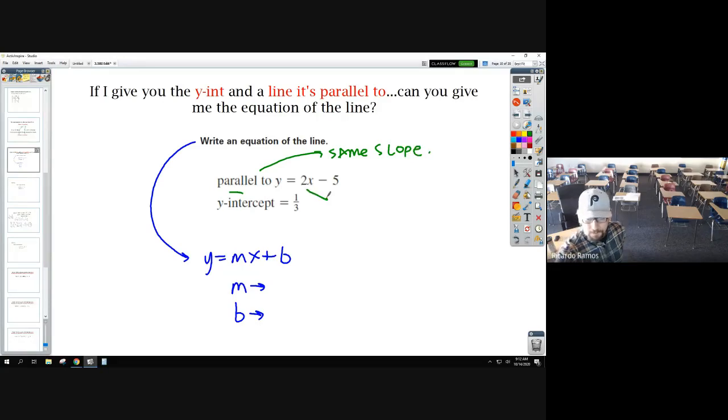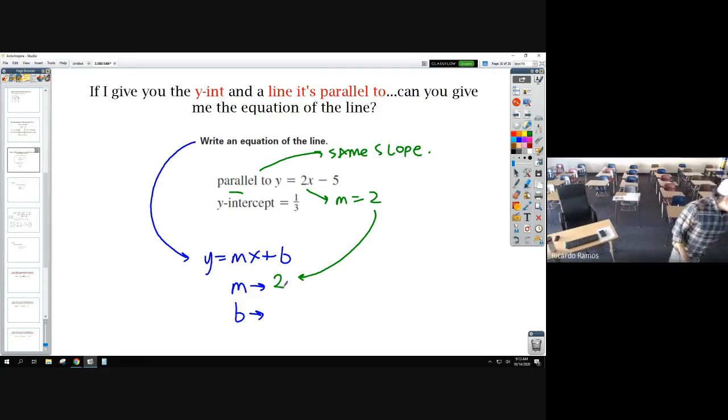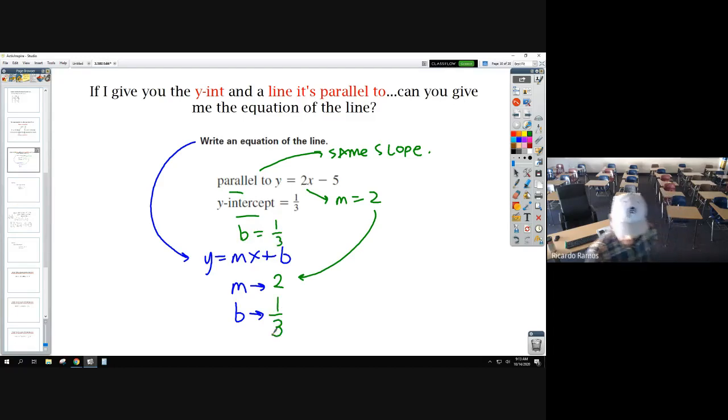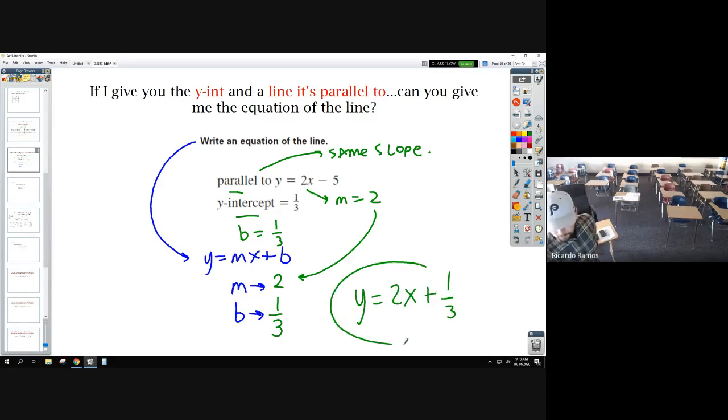So if the slope of this line is 2, so is the slope of the line we're writing the equation to, right? And then for the y-intercept, they just straight up gave it to us. The y-intercept was 1/3. So those were the two things we needed. We just plugged them into slope-intercept form, and that was the equation of our line, right?